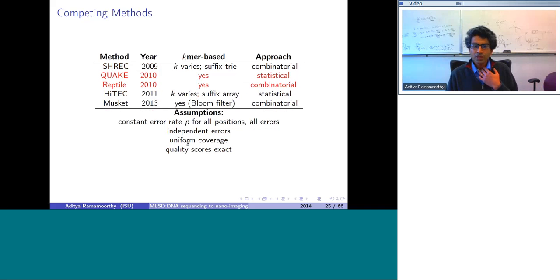And 2 of these methods assume that quality scores are exact, and what that means is that the sequencing machine, let's say Illumina, the vendor provides a data sheet that says what the quality scores really mean. What we've seen is actually that is not quite correct, and that also causes some problems, which I think when we try to model it from the data itself, it helps.